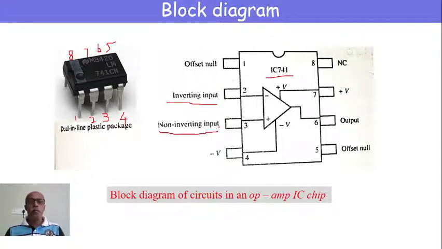So the inputs are given to pins 2 and 3, whereas the fourth terminal is the negative of the external source. Again, the fifth is offset null. At the sixth pin, we get the output. The seventh pin is connected to the positive of the external source, and the eighth terminal is again the null one.